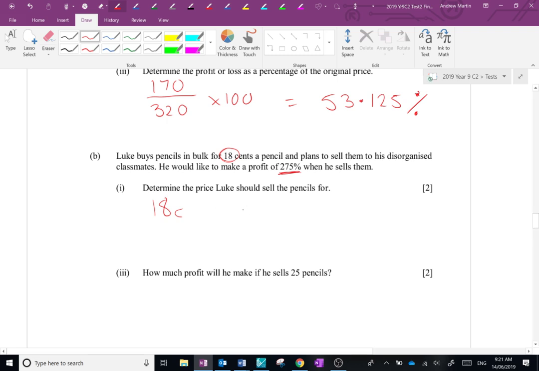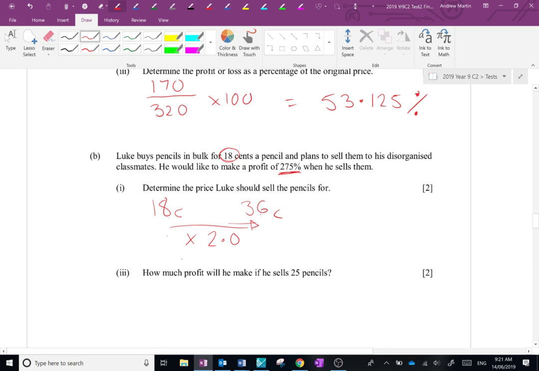Let's say if he doubled them and sold them for 36 cents, his profit would be 18 cents, and that would be a 100% profit. So if he's doubled the price, in other words, if he multiplies by 2, that's actually an increase of 100%.